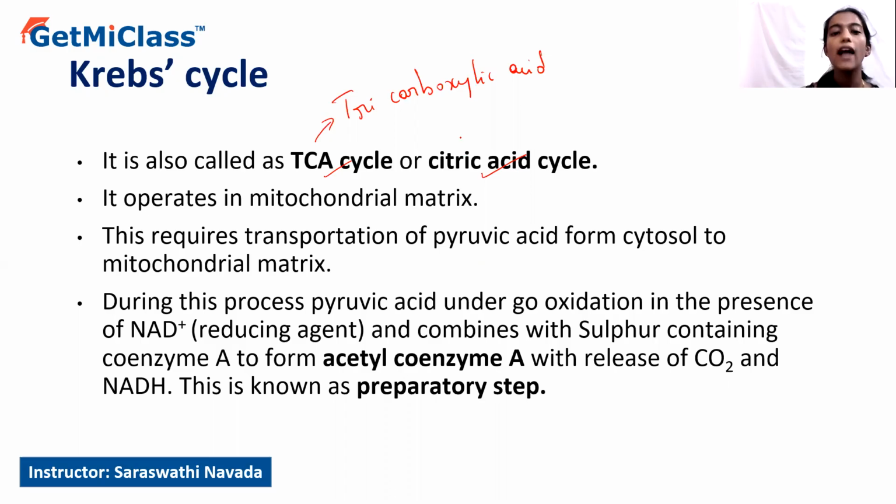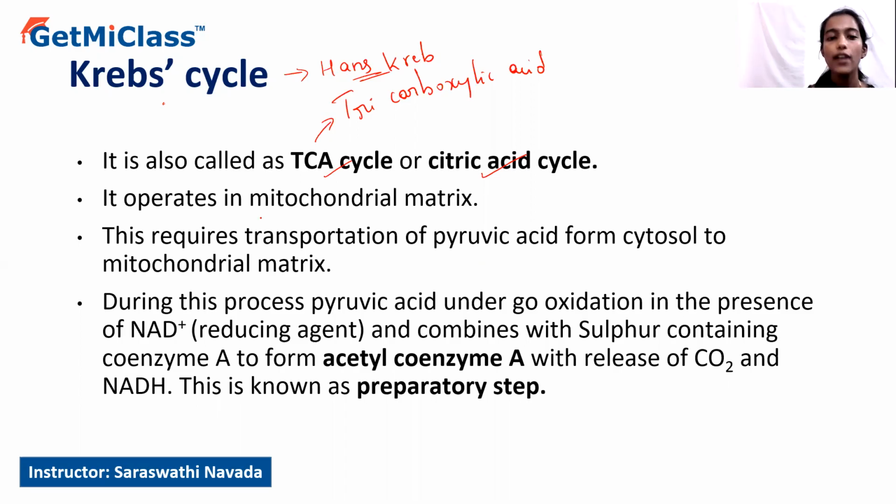That's why the alternate name is given for the Krebs cycle. Sir Hans Krebs was the one who elucidated the detailed steps of the cycle, and hence it is also called the Krebs cycle.